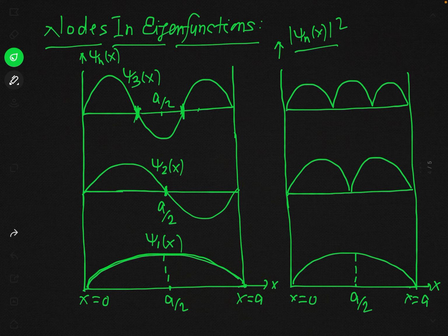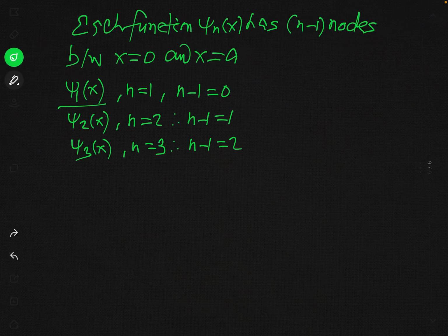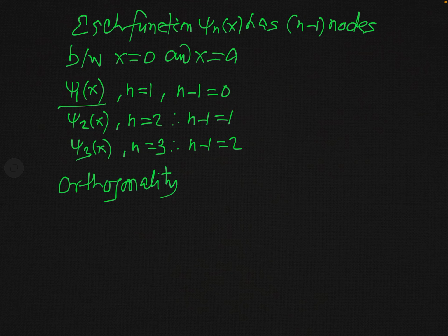Now we will discuss a very important property of this eigenfunction. This is in fact orthogonality of the eigenfunction in case of particle in one-dimensional box. In previous lectures in quantum mechanics, we have discussed the orthogonality property of eigenfunctions or eigenvectors.